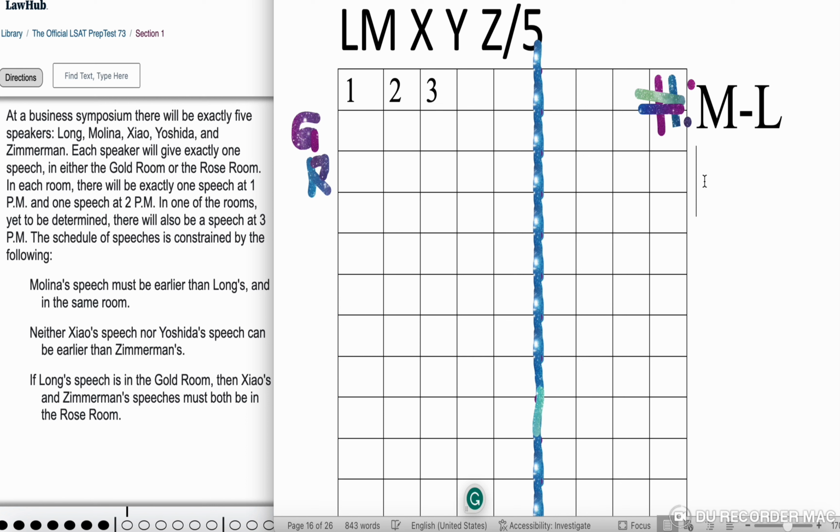The second condition states that neither X nor Y's speech can be earlier than Z's.